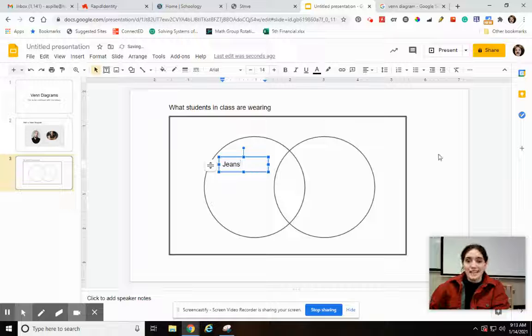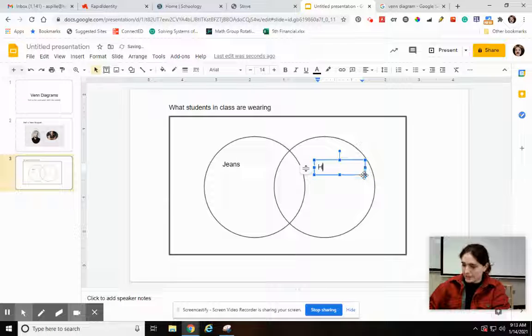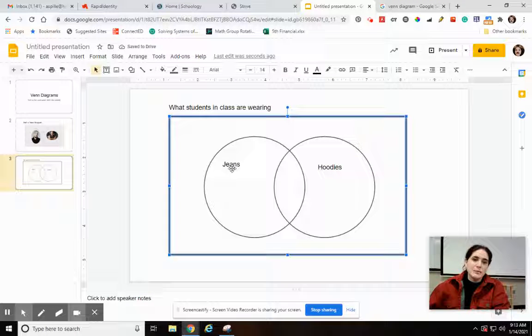Some of them are wearing khakis or leggings or shorts, right? Or skirts or kilts or whatever, just not jeans. And let's say some of the people have hoodies on because it gets kind of cold in the class. There you go. So these people over here are wearing jeans. These people over here are wearing hoodies. These people right here are wearing both.